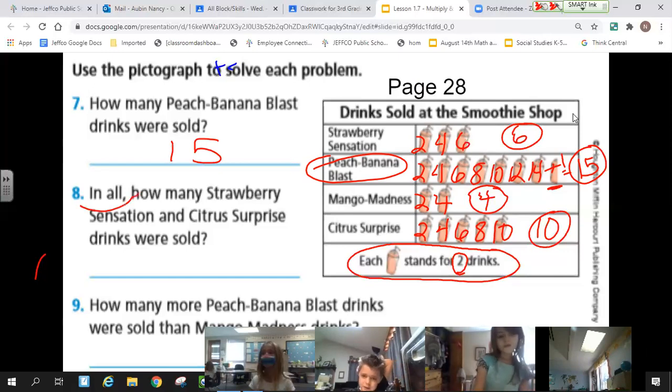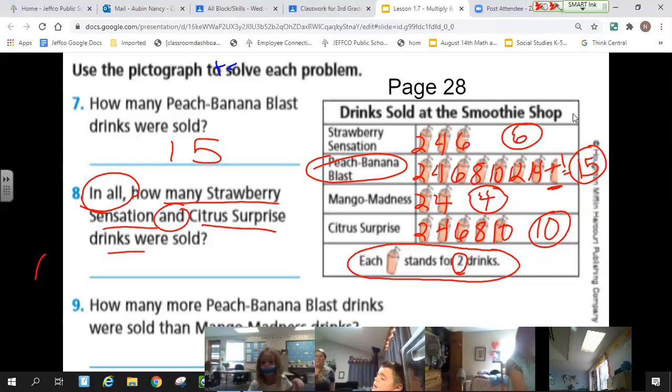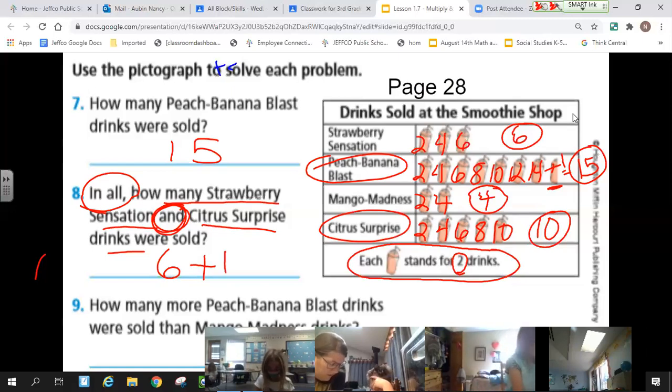In all, how many strawberry sensation and citrus surprise were sold? So we've got 6 plus, because it says in all, and those are our key words. Citrus, what do I need to add for citrus surprise? 10. Go ahead and solve it.